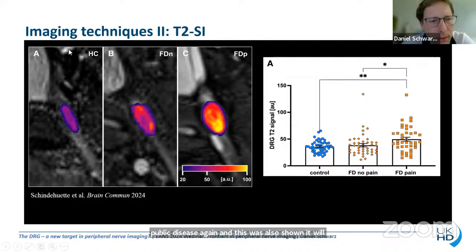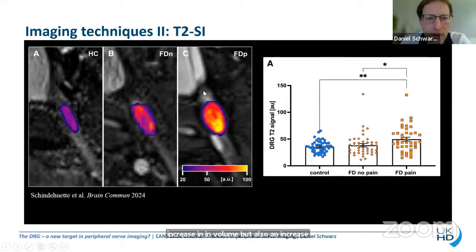If you now have a look at the dorsal root ganglion here on the MR images and the manual segmentation of the DRG, you see that in the healthy control and in the symptom negative Fabry disease, you already see on the one hand an increase in volume, but also an increase of the signal.